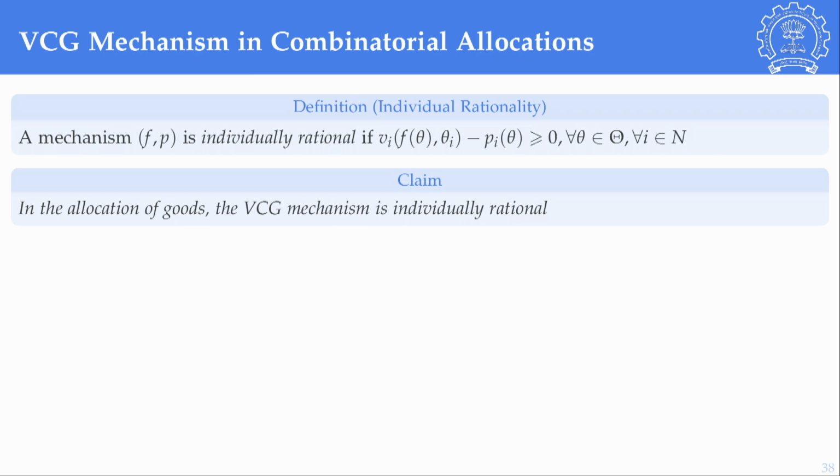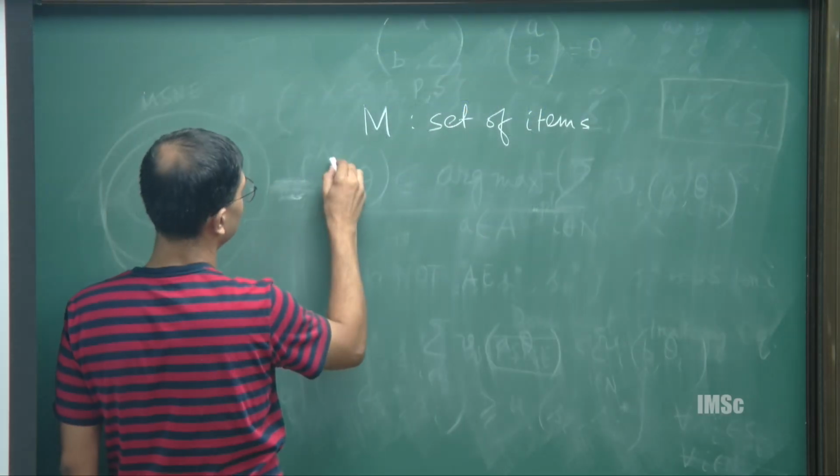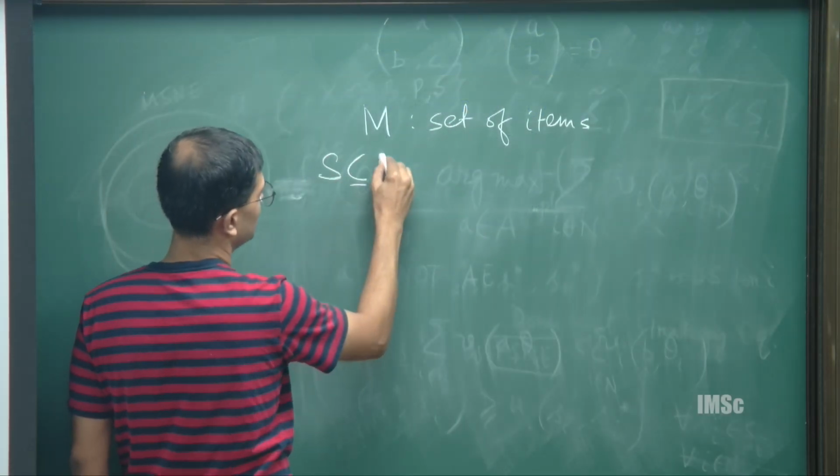The more general definition of goods is this. Suppose M is the set of items, and suppose I have a subset S of this set of objects.